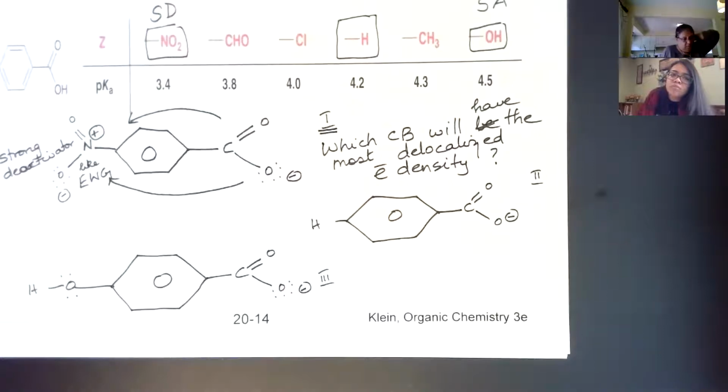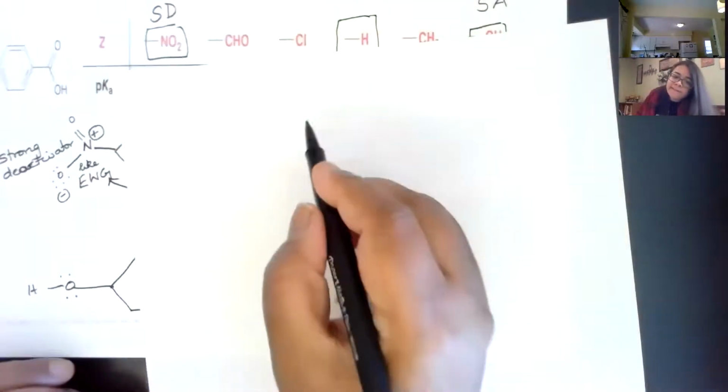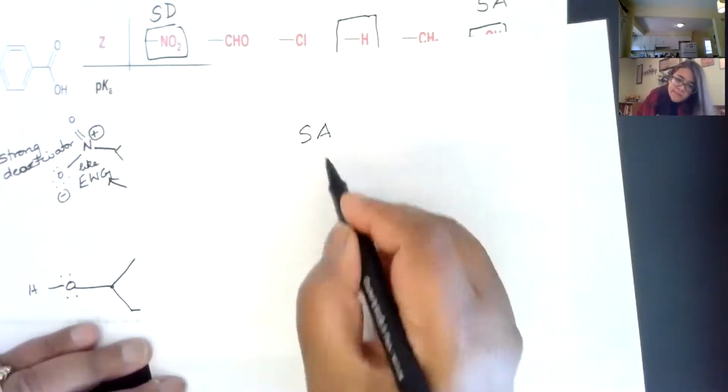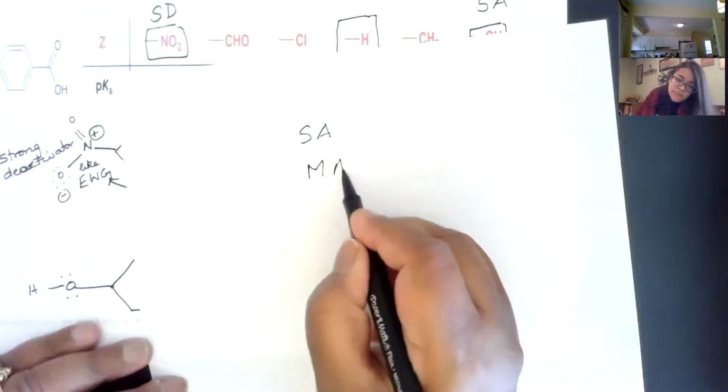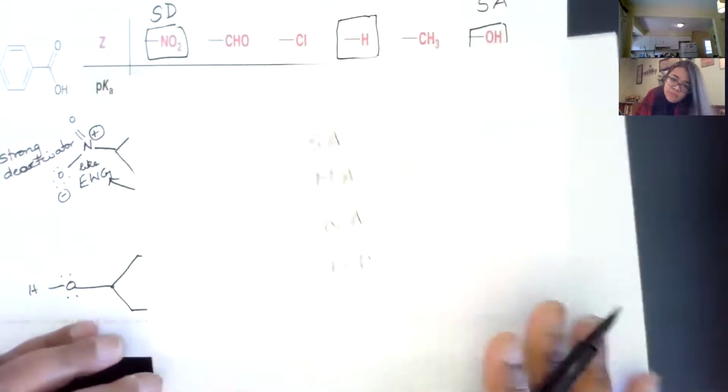There's a chart in chapter 18, ranked by strong activator. So you have to know that for this one as well. The strong activator, then moderate activator, weak activator, weak deactivator.